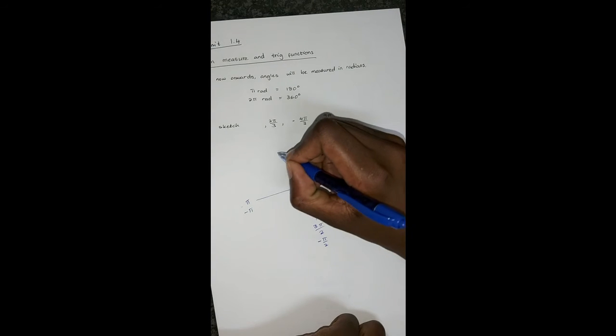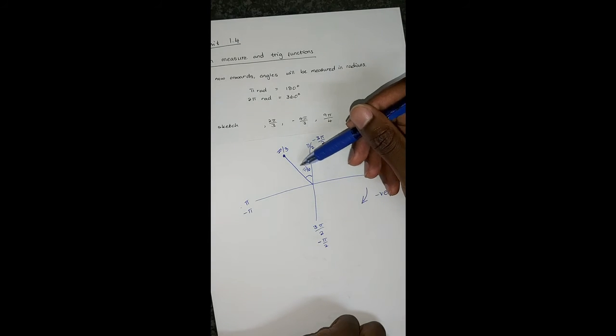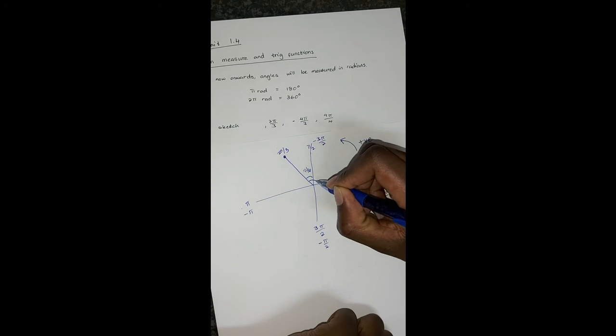So we can draw that. That will show you 2 pi over 3, because 2 pi over 3 is pi over 2 plus pi over 6. So this would be your angle 2 pi over 3.